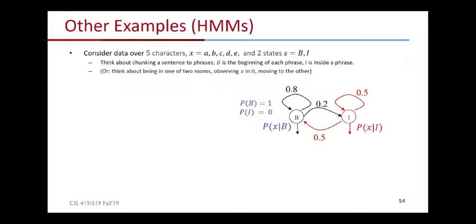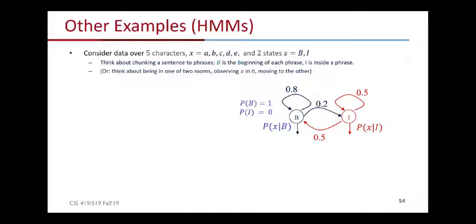So I have states. In this case, I have a state B and I. I generate a state with probability. So the initial probabilities were P of B, in this case, 1 and P of I 0. Once I'm in B, I produce a word with probability P of X given B, and then I move to another state.